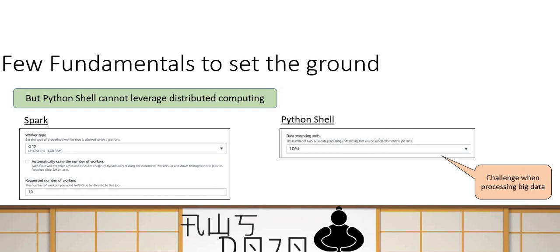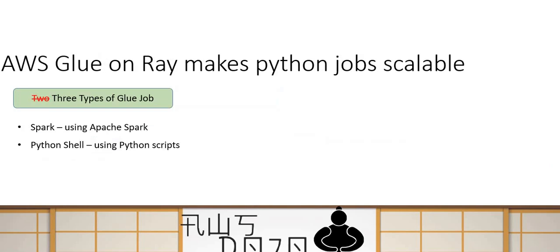So here comes Ray. Ray precisely solves this problem. So before Ray, if you have been creating a Python shell-based job, then you are running a single threaded, single execution point-based Glue job. Now with Ray, you can create a Python script based job, and that job can also do parallel execution of your data processing.